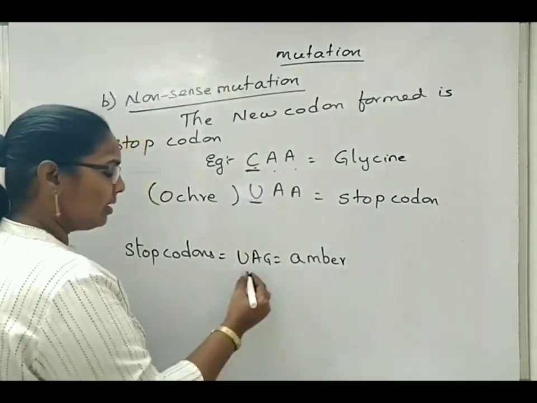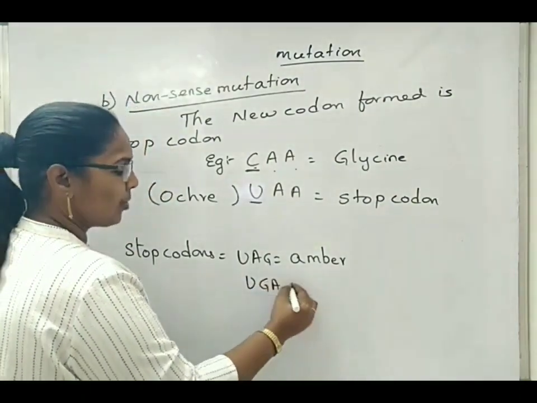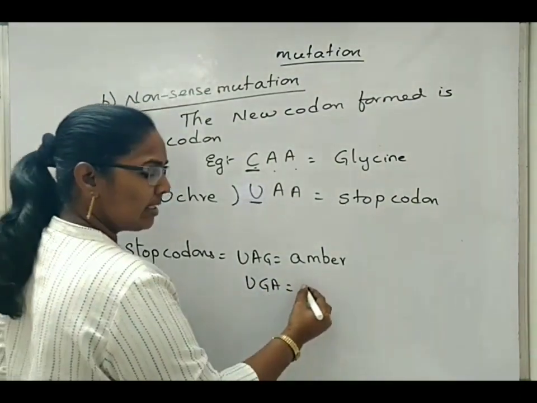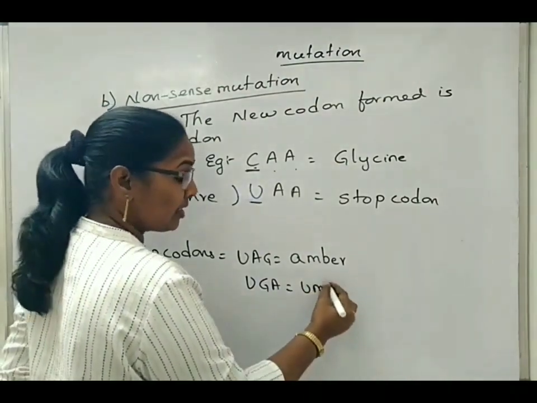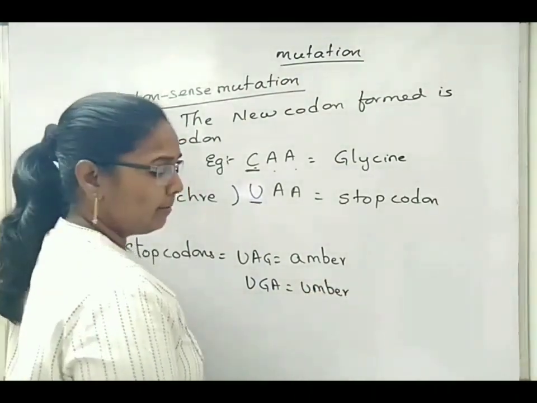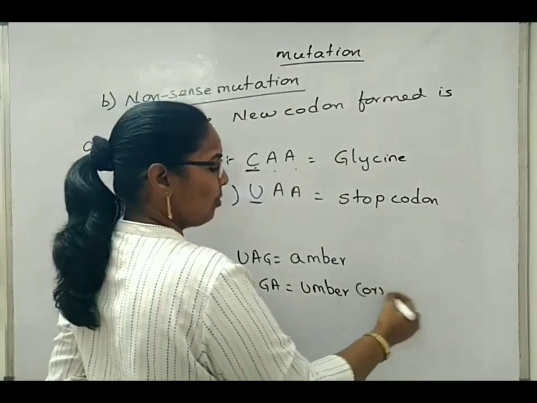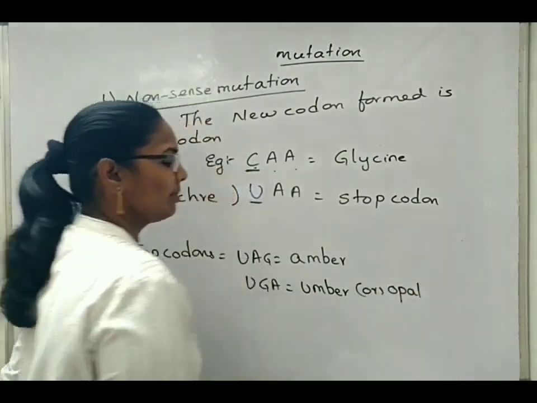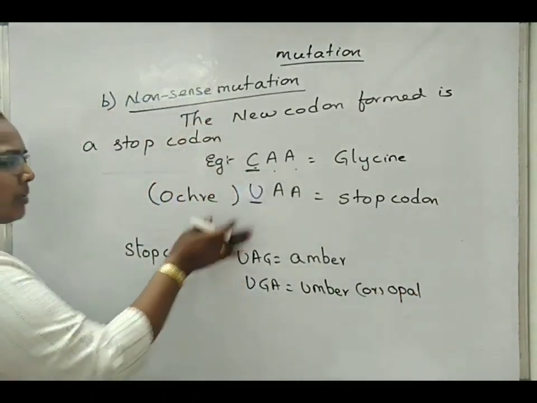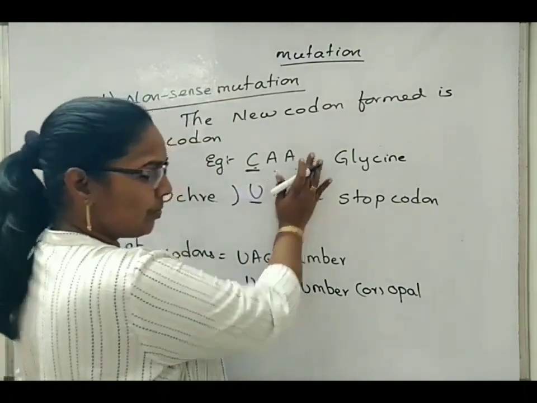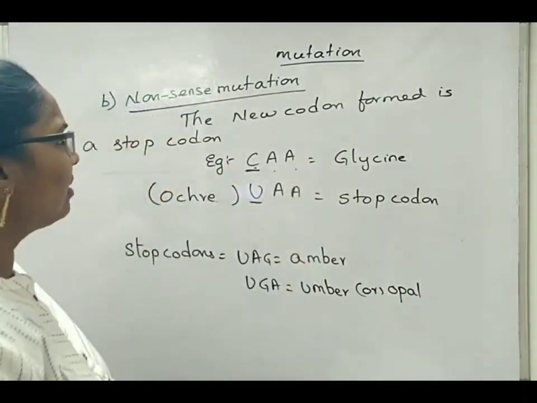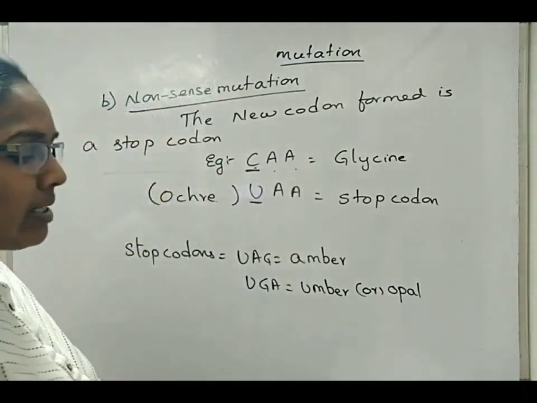Now, there is another type of stop codon, that is UGA. This is also pronounced like amber, but the spelling is different, which we call opal. So these are the three types of stop codons, but we are discussing only one type of stop codon that is formed because of nonsense mutations.